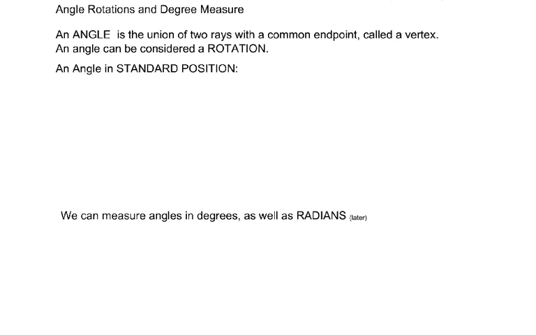So an angle is the union of two rays with a common endpoint called a vertex. So if we think about a Cartesian plane, and we set this vertex to be at the origin, we'll have an initial side pointing out to the right on that positive x-axis.